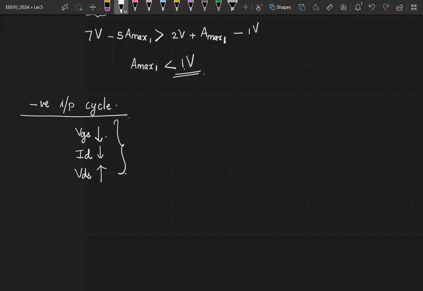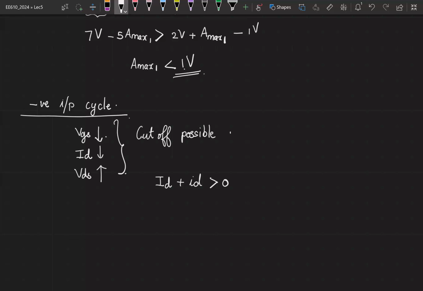So what is the region to which your transistor could change to? Cutoff is a possibility. Okay. And we look at it by checking at what point your total drain current is becoming 0. Or in other words, we want to make sure that your total drain current never becomes 0.